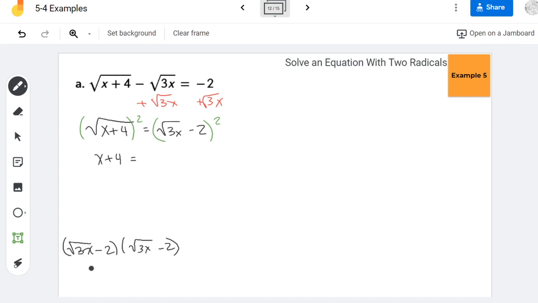So root 3x times root 3x is 3x. And root 3x times negative 2 is negative 2 root 3x. And then I do that same thing with negative 2. So I have negative 2 root 3x, and negative 2 times negative 2 makes a 4. And then combine your like terms like that. So this expression here is what's going to go on the right-hand side here.